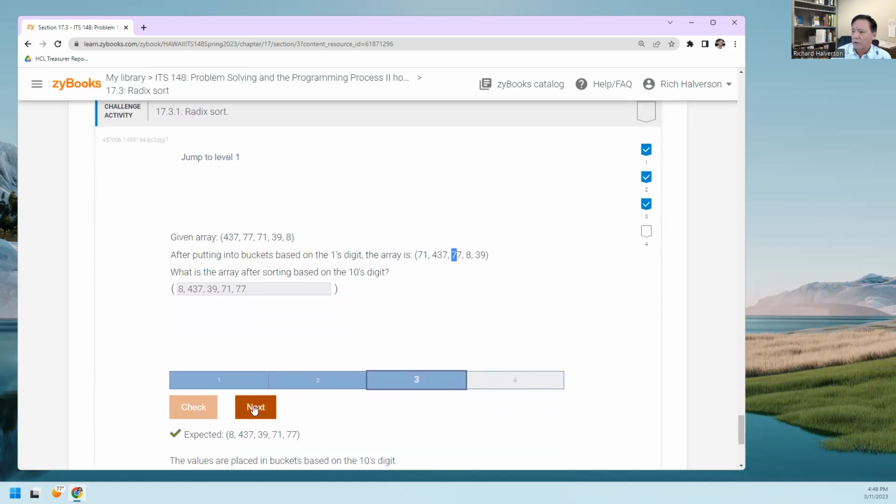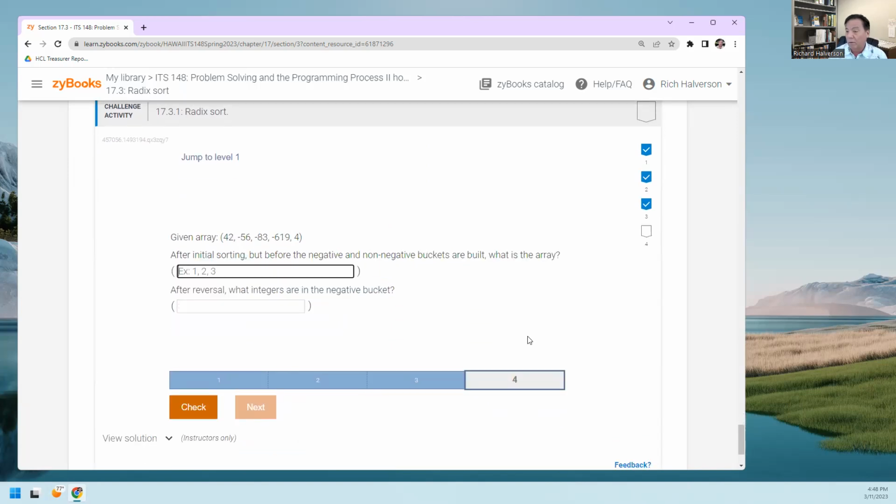Okay, let's do the last one. Yours should be different, or maybe they'll be the same. This is the array. There are negative numbers in there. After the initial sorting, but before the negative and non-negative buckets are built, what is the array? Well, it's sorted by absolute value, so ignore the signs and just list the array in that sorted order.